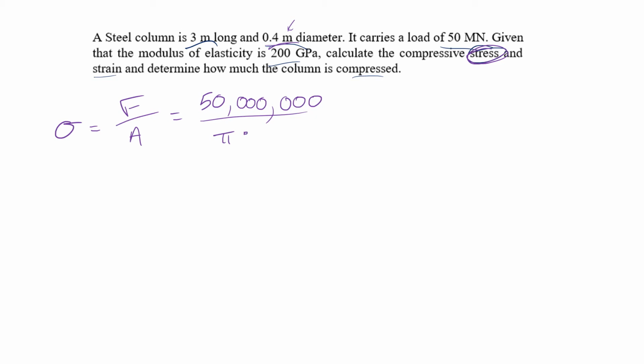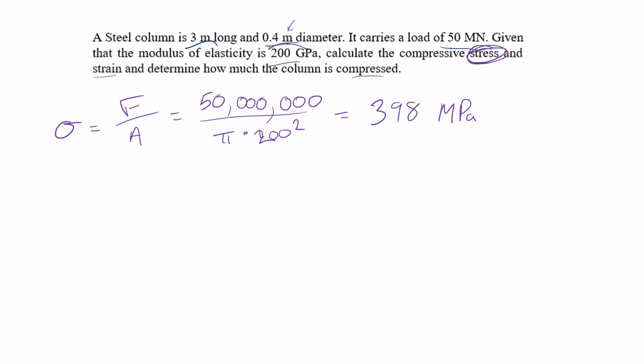So r is going to be not 400, but 200, right? Because a meter is 1,000, so one back from there. Squared. So once you put all those together, you're going to get 398 megapascals. All right. So there's our unit, there's our stress calculation.